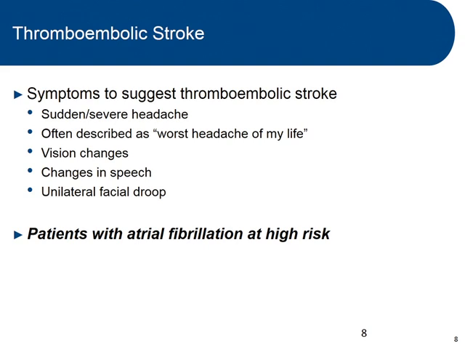Usually patients say, this is the worst headache I've ever had. Some vision changes, changes in speech, unilateral facial droop. The patients that are at the highest risk of these types of clots are patients with atrial fibrillation. For that reason, many of those patients will receive either antiplatelet therapy or anticoagulation therapy.